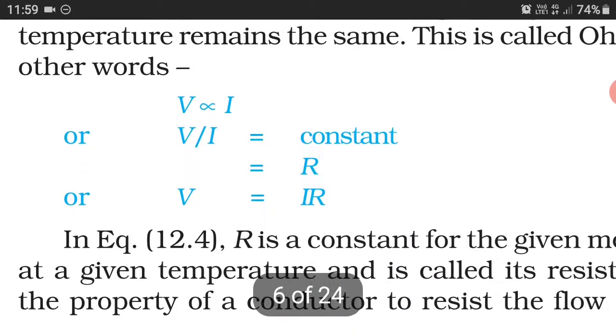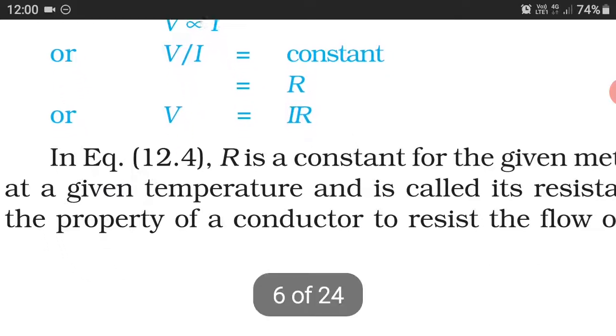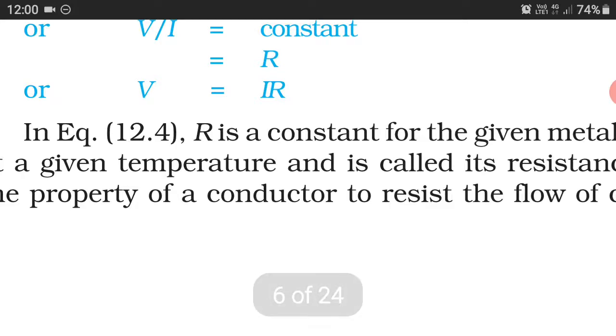So he derived the formula that V is proportional to I. Dividing V by I, we get a constant value, because whenever we remove the proportionality sign, we get a constant. He named this constant resistance, denoted by capital R, such that the formula of Ohm's law becomes V equals IR.